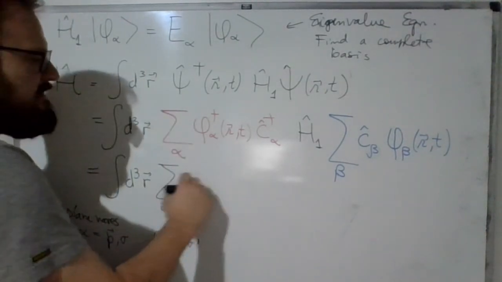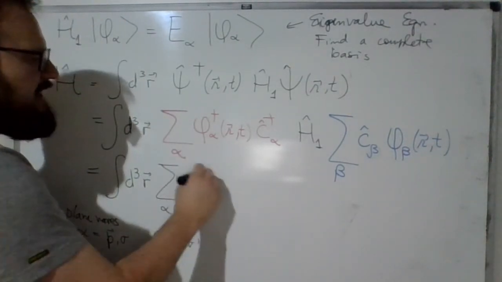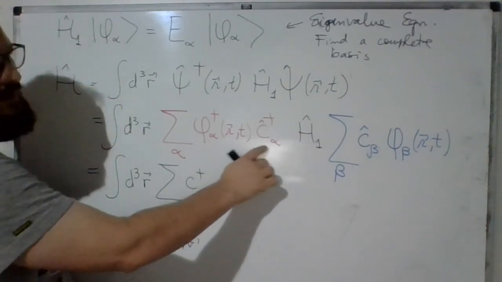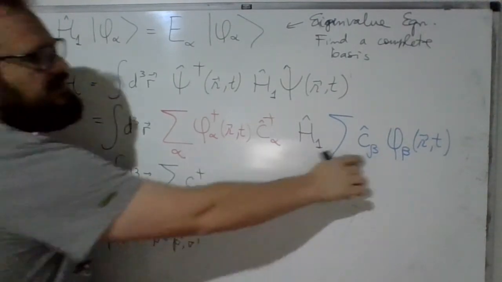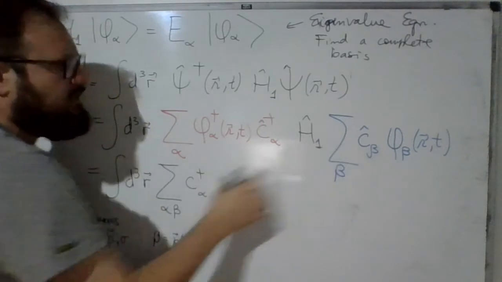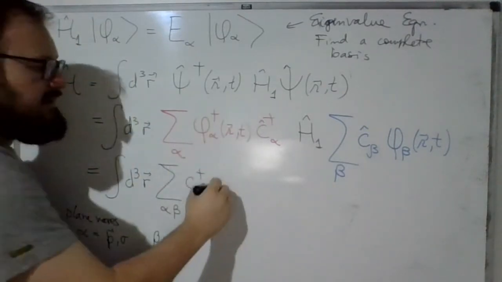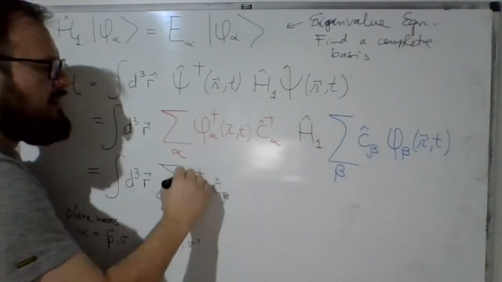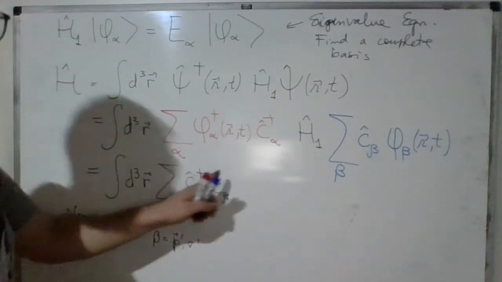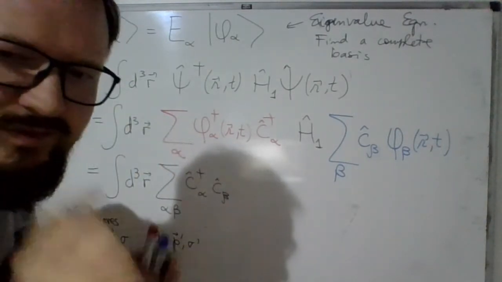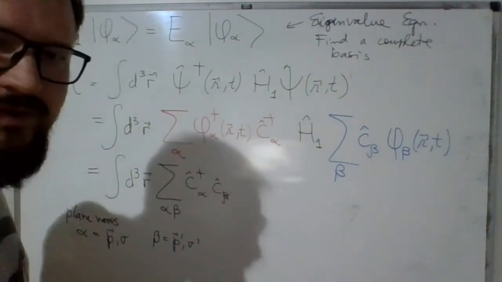What you would find is a C alpha dagger. Remember, I am using two distinct labels, but it is the same basis. So C beta, they are operators. I am plugging in the hats here just to remind you they are operators.